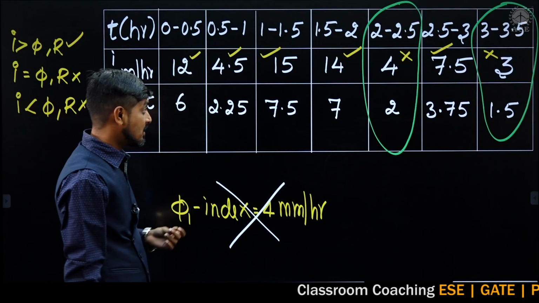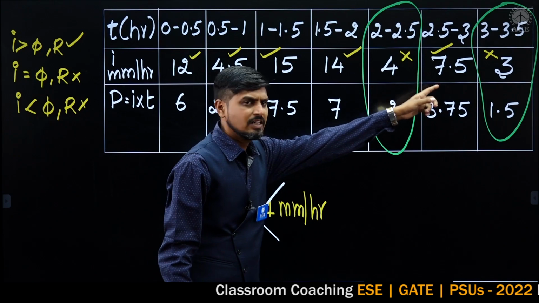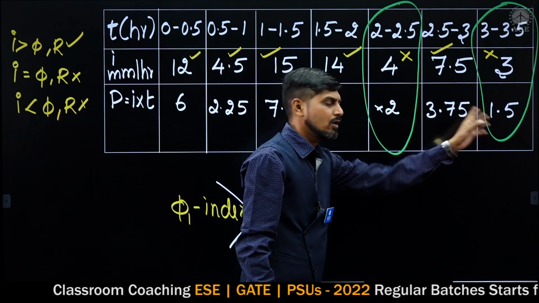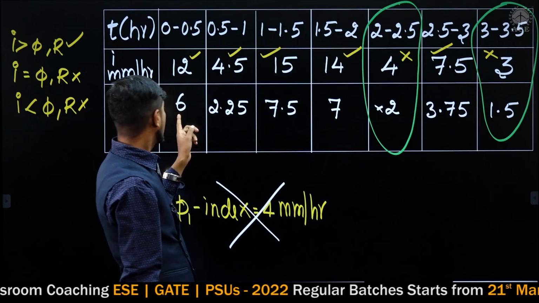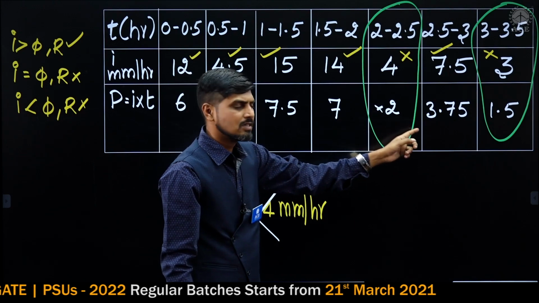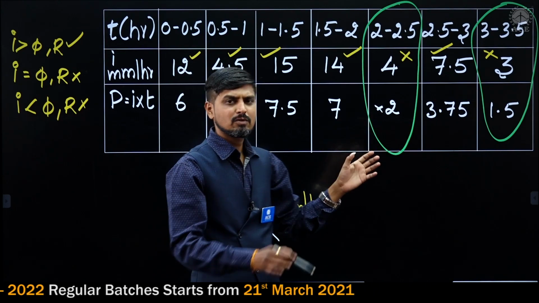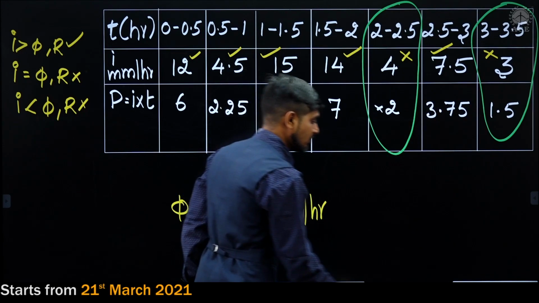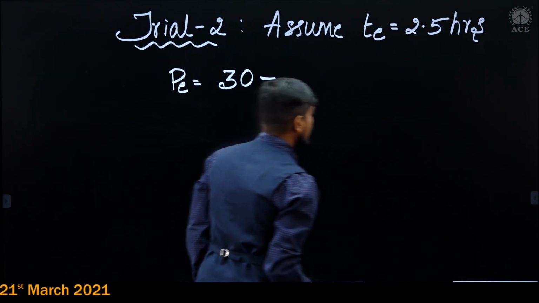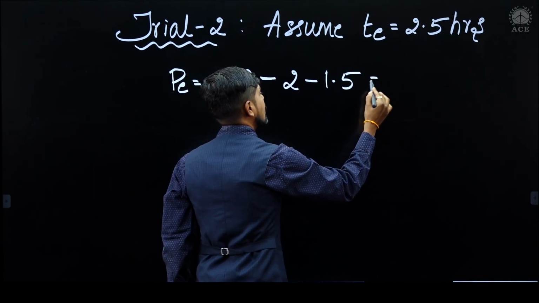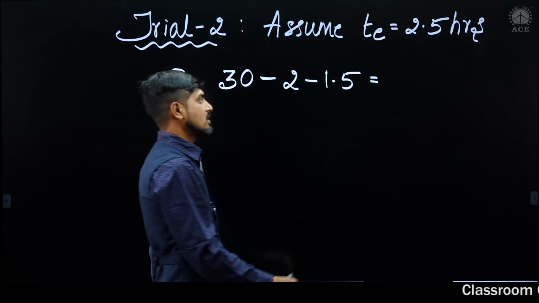From the table you can see you have removed 4 and 3 intensities. So you should remove this 2 and 1.5, or you can add 6 plus 2.25 plus 7.5 plus 7 plus 3.75, or directly from total 30 you can remove this 2 and 1.5. So this value will be 26.5.